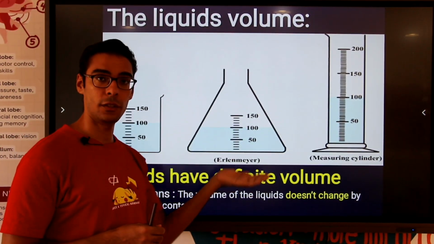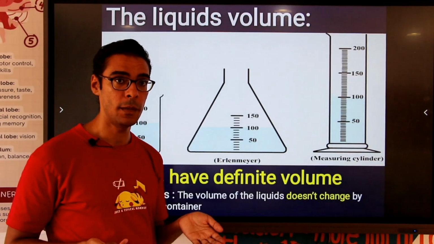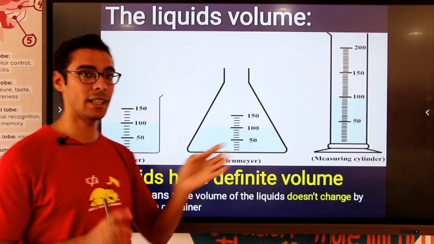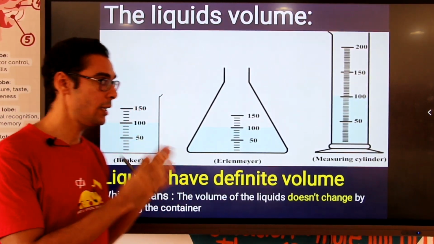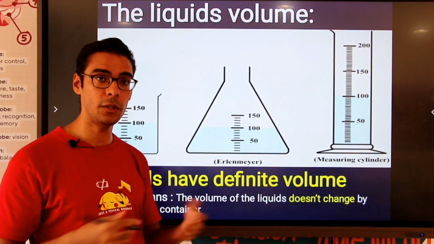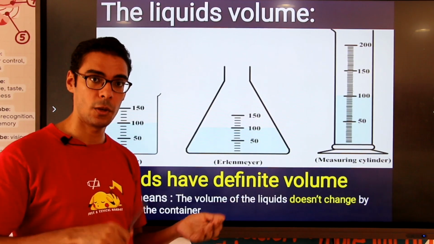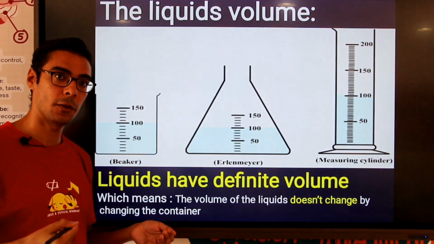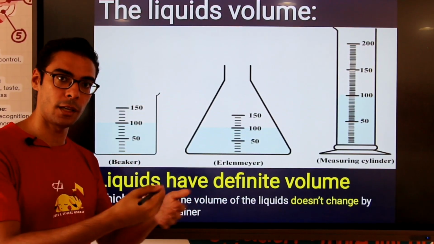They have definite volume, but they have indefinite shape, because actually the particles here cannot be compressed. The particles are the same. Maybe they are moving. So the particles of the liquid are moving to take different shapes. So they have indefinite shape because the particles are away from each other.